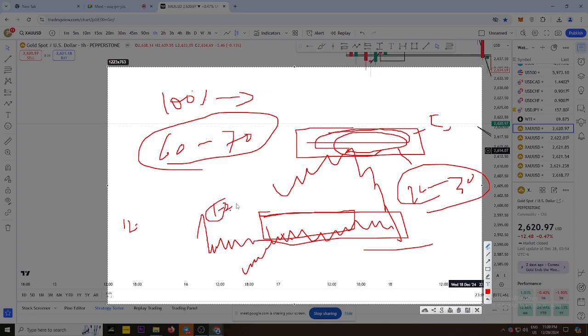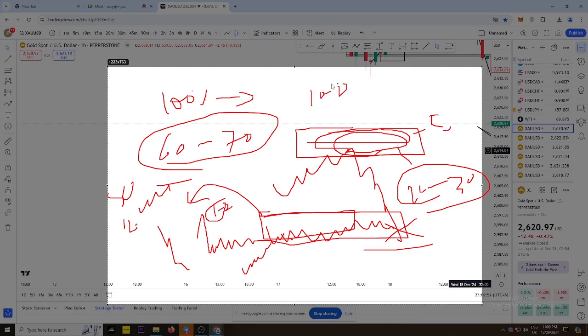If it is doing something like that, my suggestion for everyone is, kill it. Do not get attached to it, because the chances of this trade now are 50-50, meaning it may hit your stop loss, it may hit your TP.